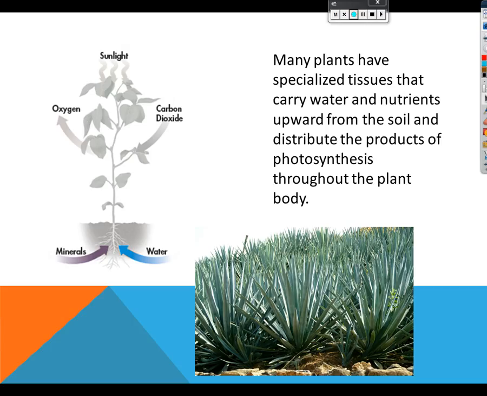Those are the specialized tissues that are going to carry water and nutrients upward from the soil and distribute them throughout the rest of the plant, and from the leaves up and down throughout the rest of the plant.